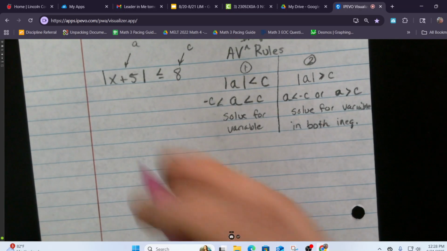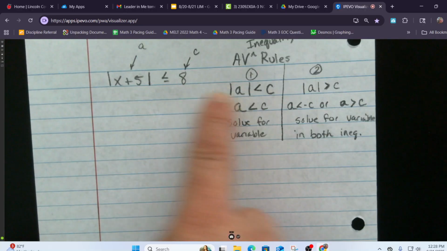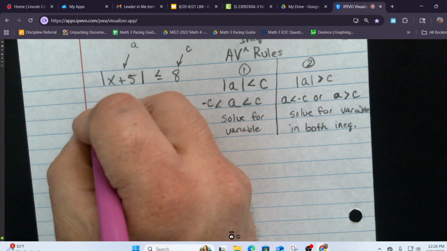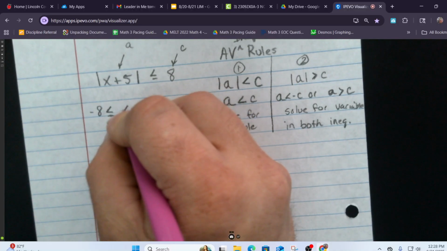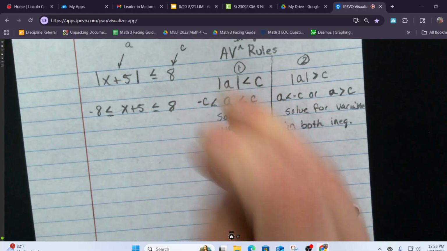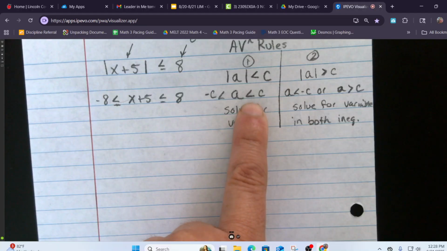All right. So now, since I have a less than inequality, I'm looking at rule number 1. Okay. So what I'm going to do? Negative 8 less than, put my equal to since it's already there. There's the rule. If you notice, I did exactly the same thing the rule said.